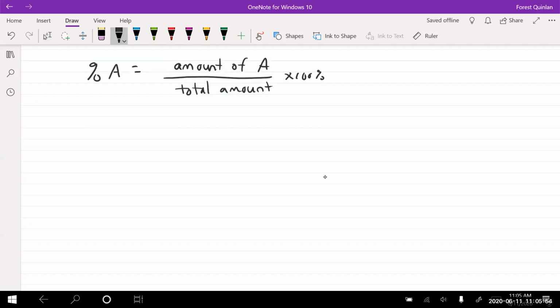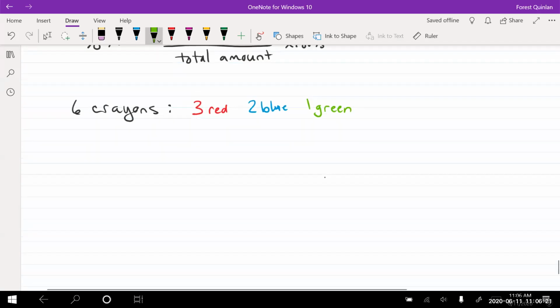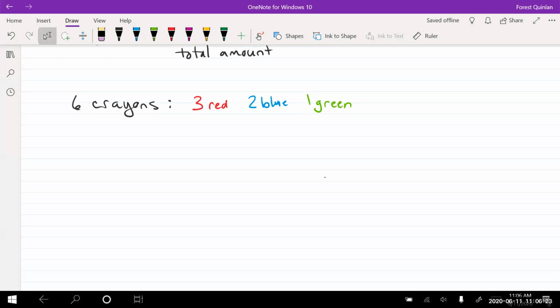So let's say that I have 6 crayons: 3 red, 2 blue, and 1 green. If I were to determine the percent composition of this crayon box, I'll say 6 crayons in the box.